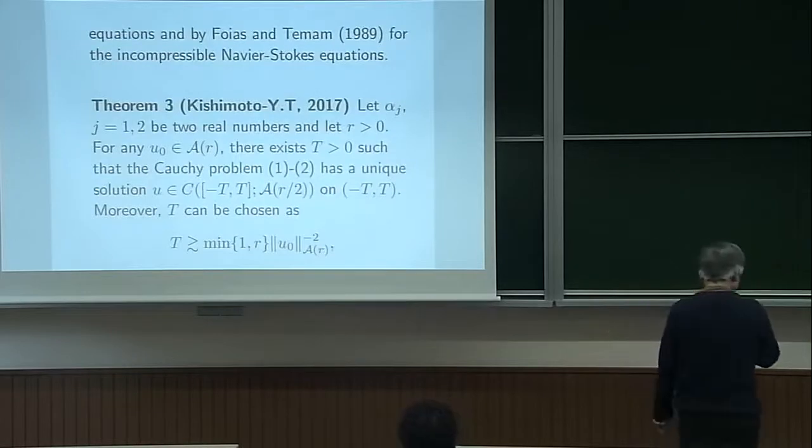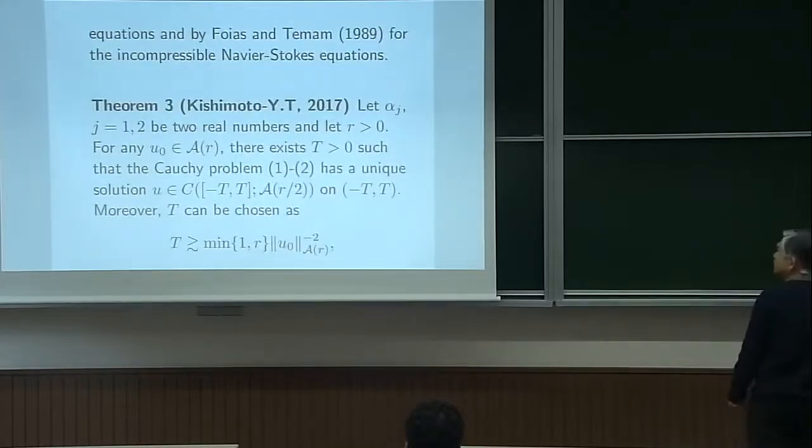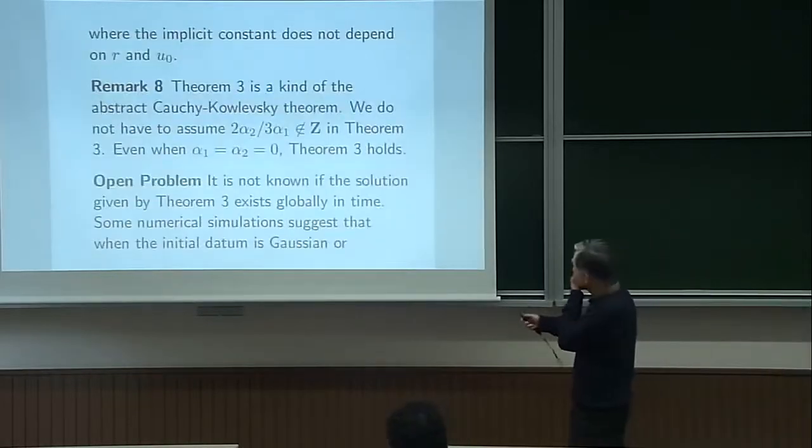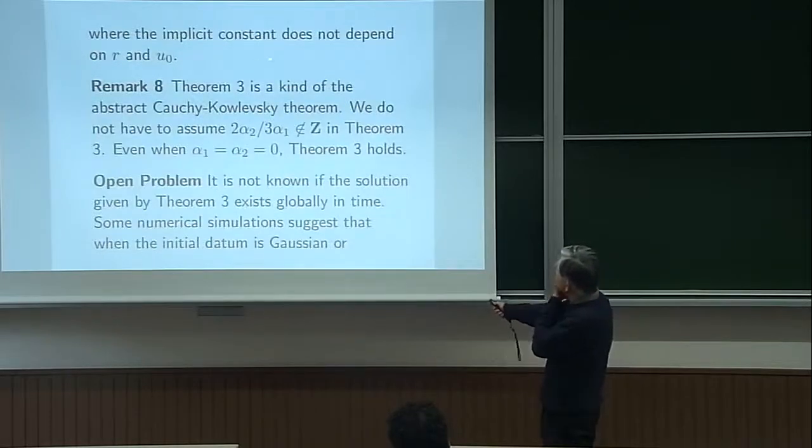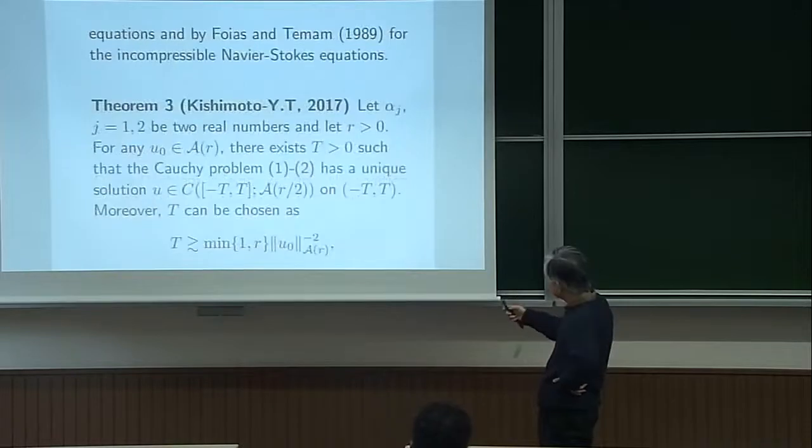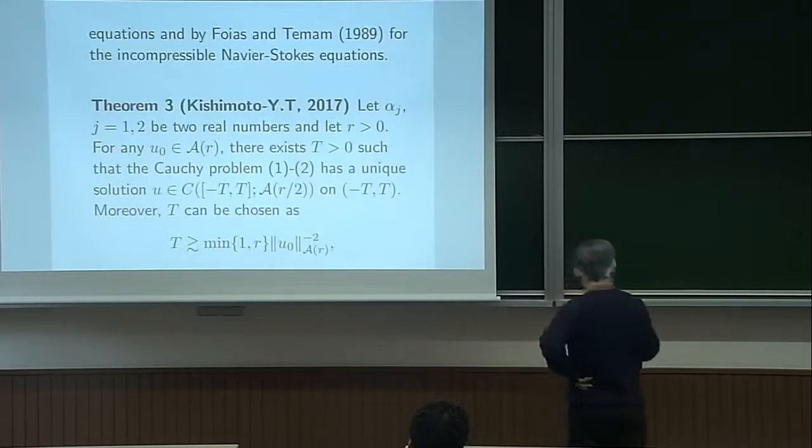This is not surprising. And the implicit constant does not depend on R and the initial data u naught.